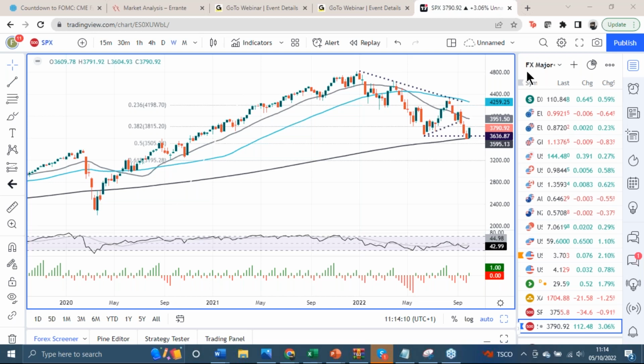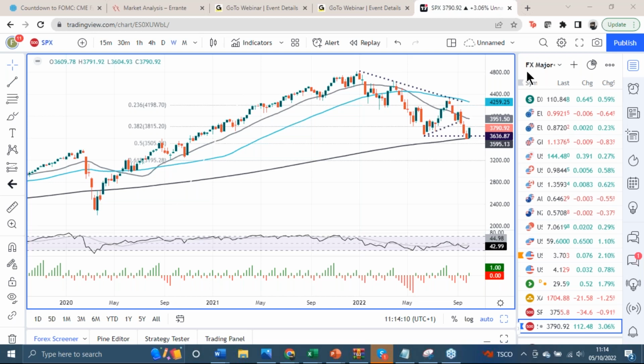That halfway point, the 50% marker, is at 3505. So something to bear in mind as support if we possibly move lower through that 200-week moving average at 35.95. Otherwise, we have the next fib level at 38.15. That's the 38.2% level.